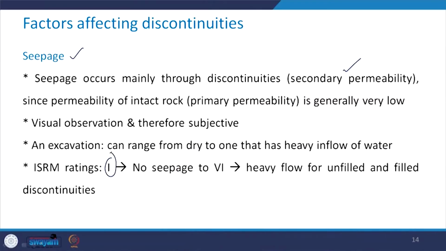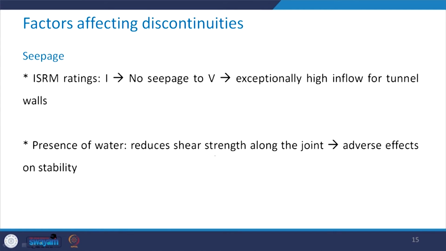An ISRM rating has been given. Rating 1 is for the no seepage condition, up to rating 6 for heavy flow, for unfilled and filled discontinuities. In case of tunnels, this ISRM rating is 1 for no seepage and 5 for exceptionally high inflow for tunnel walls.